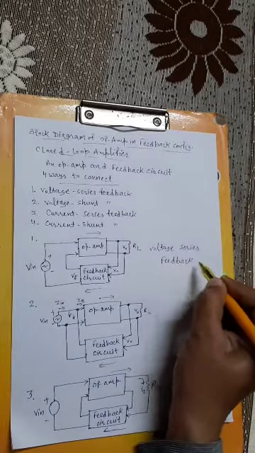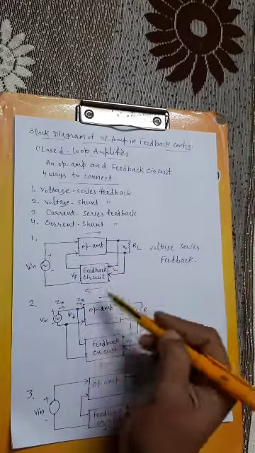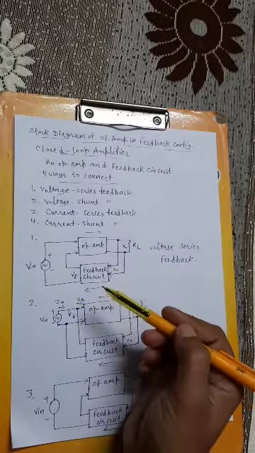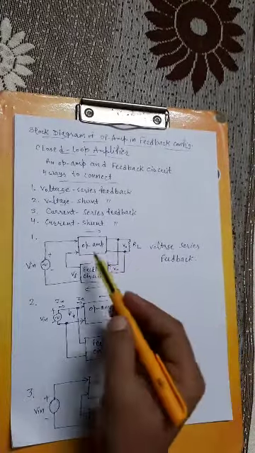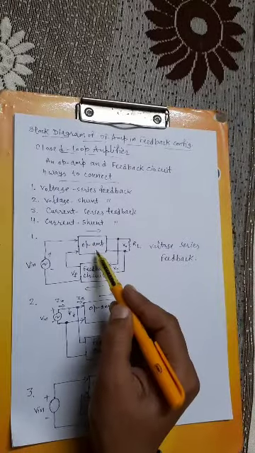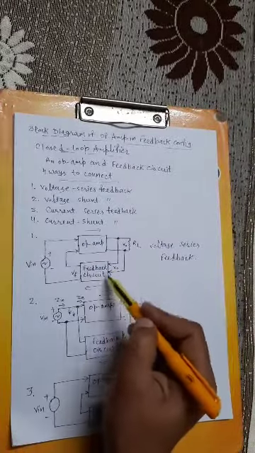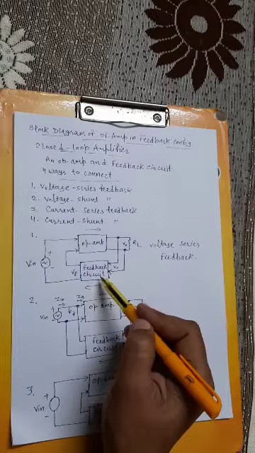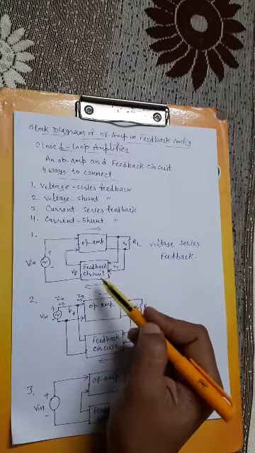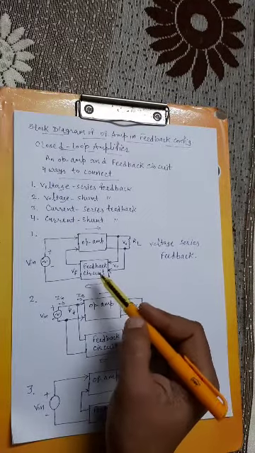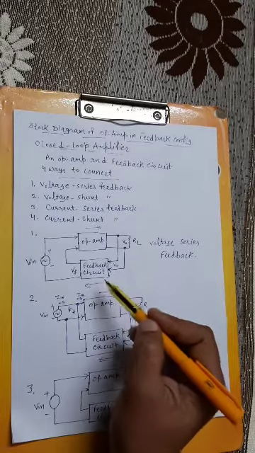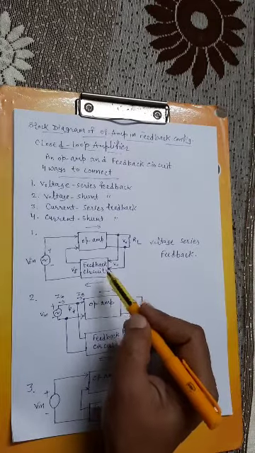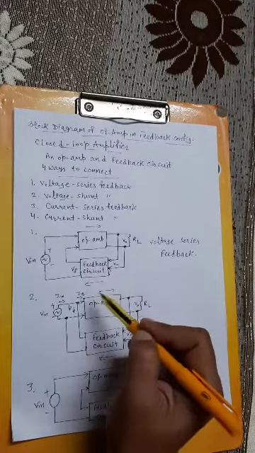Okay, this type of connection will be there in the block diagram representation. This block is for the op amp and this block is for the feedback circuit. Any type of circuit may be there, but we are representing all feedback circuits by this block diagram.